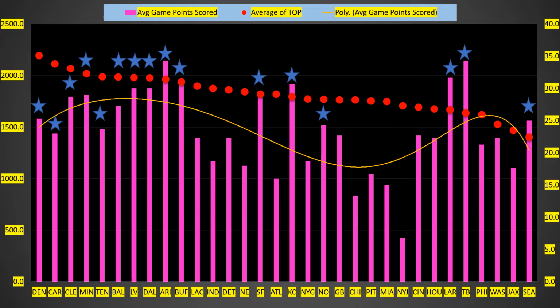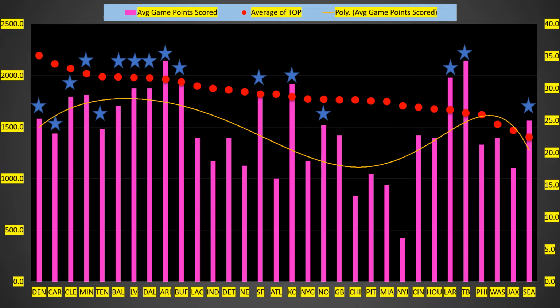If you look at the top 16 scorers teams, look at the cluster here, 3 here and 3 there. But I'm getting the message that I'm wanting to be over here versus certainly not in this or this range.